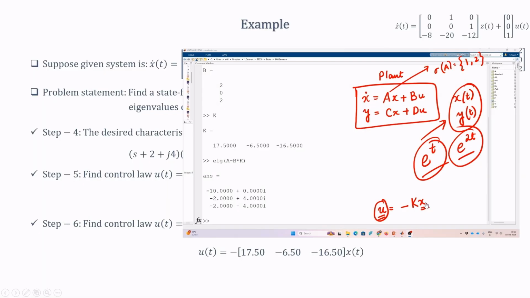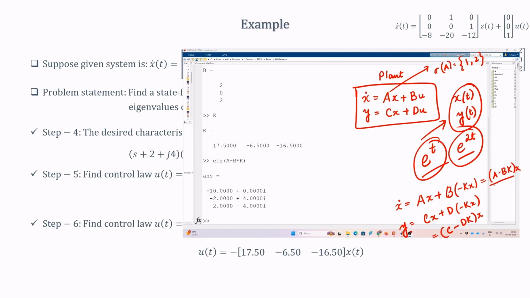So, if I use this, what happens? Then my system gets changed to x dot equal to Ax plus B times minus Kx, which means this becomes (A minus BK)x, and my output equation becomes Cx plus D times minus Kx, that means my output equation becomes (C minus DK)x.